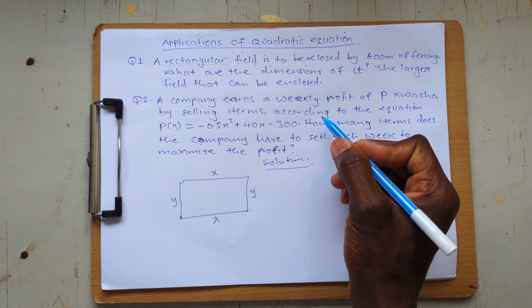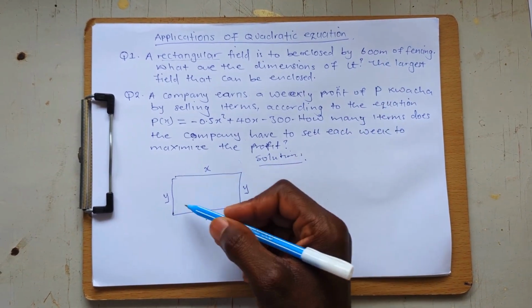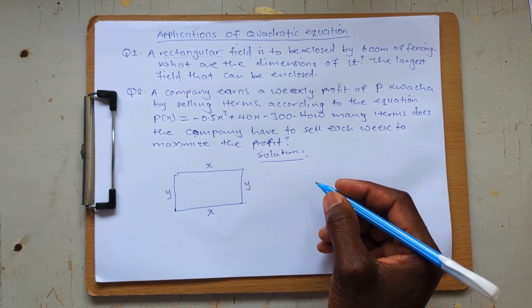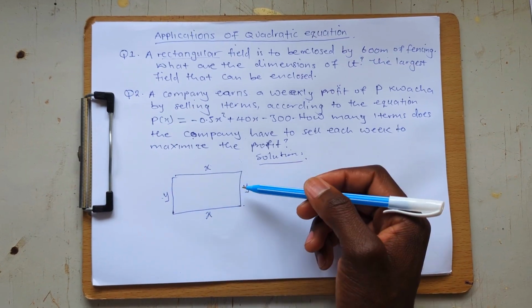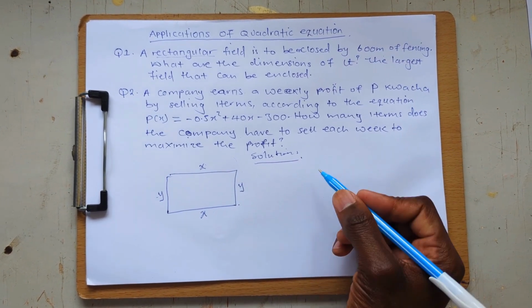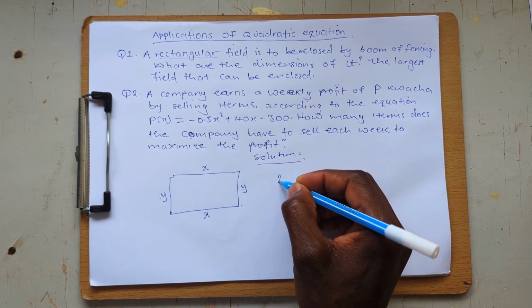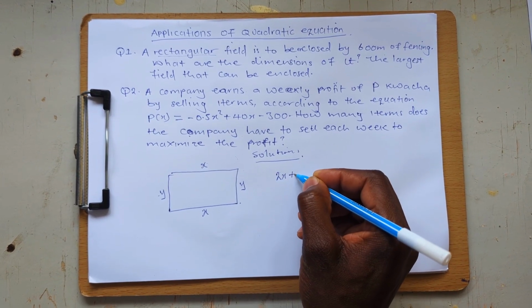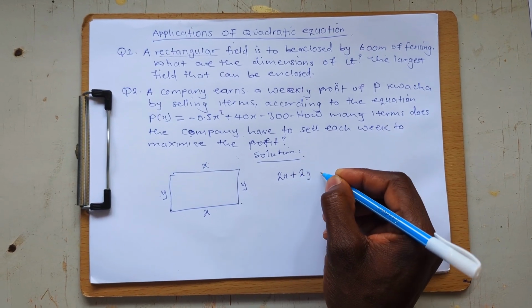If they're saying it has been enclosed by 600 meters, it means that the perimeter is equal to 600. Remember, perimeter is the total sum of the dimensions that you have. So in this case, we add x plus x, which gives us 2x, plus this and that, you get 2y.